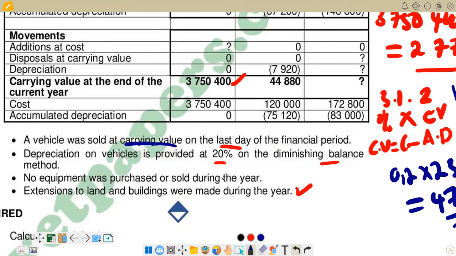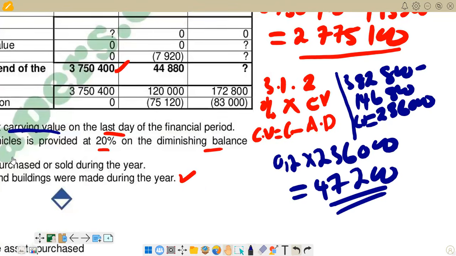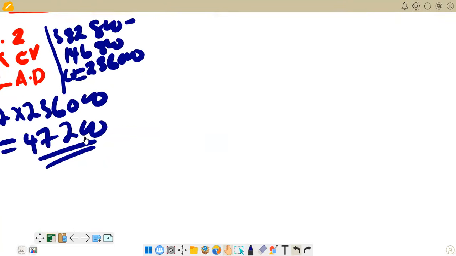So we can find the carrying value, and then when we find the carrying value, we know that that's the amount that was used to dispose that non-current asset. But the formula that we use, we can take it from the T account that we prepare using carrying values.